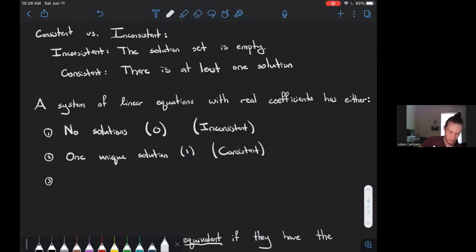We'll say that the last possible option is infinitely many. This is consistent as well.